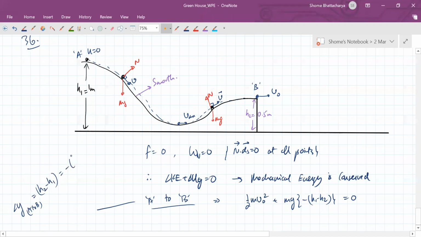So that's actually a negative quantity. It's minus of 0.5 meters. So half m v naught square is equal to mg into (h1 minus h2). So v naught is equal to root 2 g times this much. Okay. So that gives us the value of v naught. And now from here it's going into projectile motion. We want to find out this range.